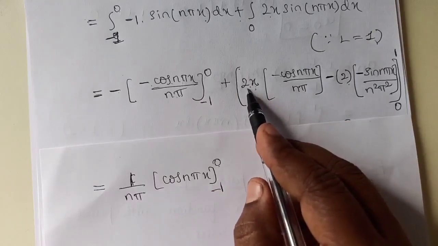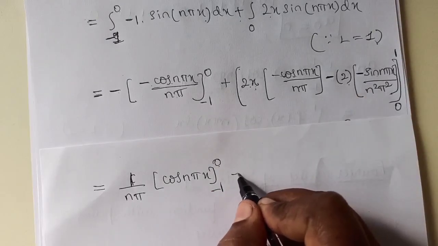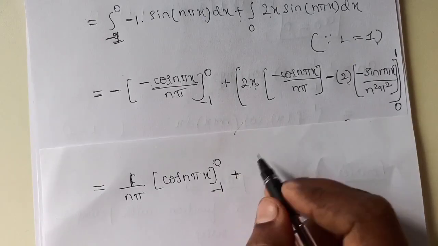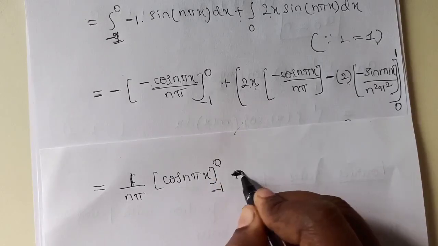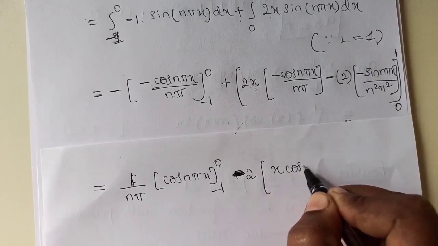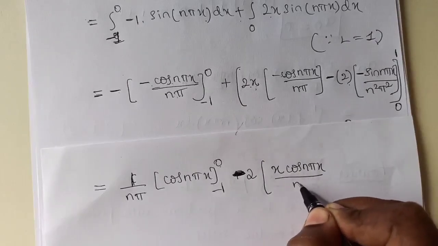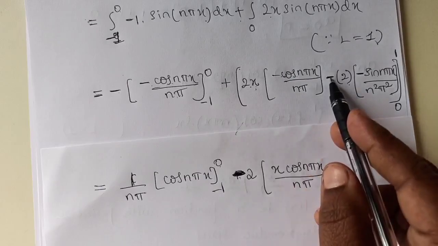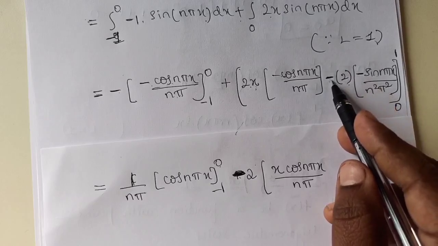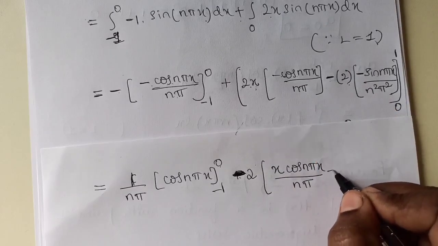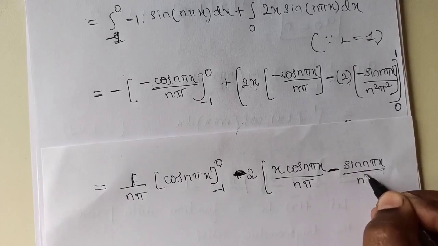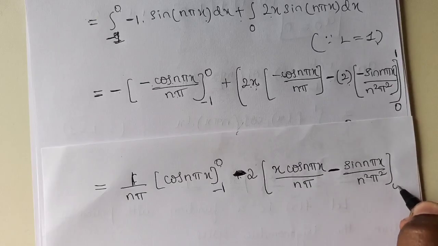Next here 2 can be taken outside, on taking 2 common, even we take the minus sign also common. On taking minus 2 outside, here in this bracket we get x cos n pi x divided by n pi. Here this minus into minus becomes plus, but we are taking the minus sign outside, therefore it becomes minus sin n pi x divided by n square pi square, and the limits are 0 to 1.